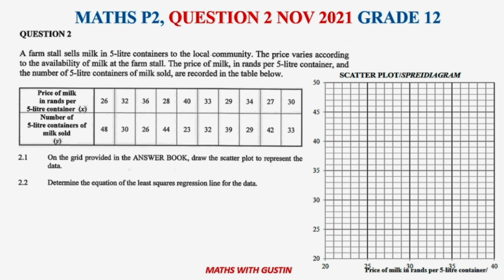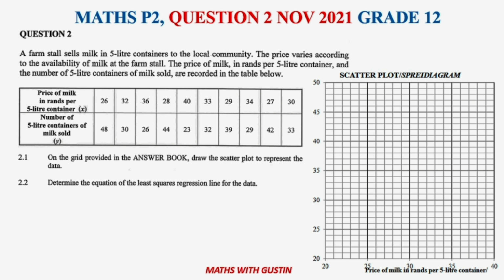Today, let's have a look at question 2, November 2021, paper 2, grade 12. The question says a farmer sells milk in 5-liter containers to the community. The price varies according to the availability of the milk at the farm stall.